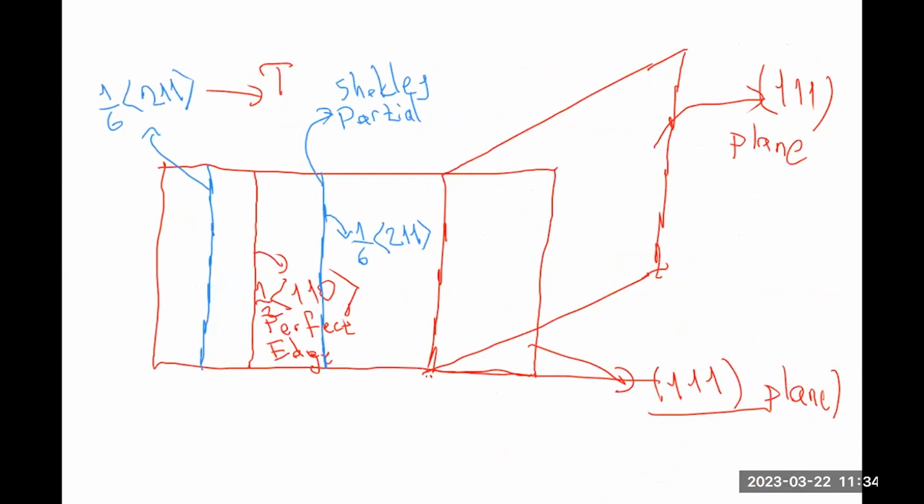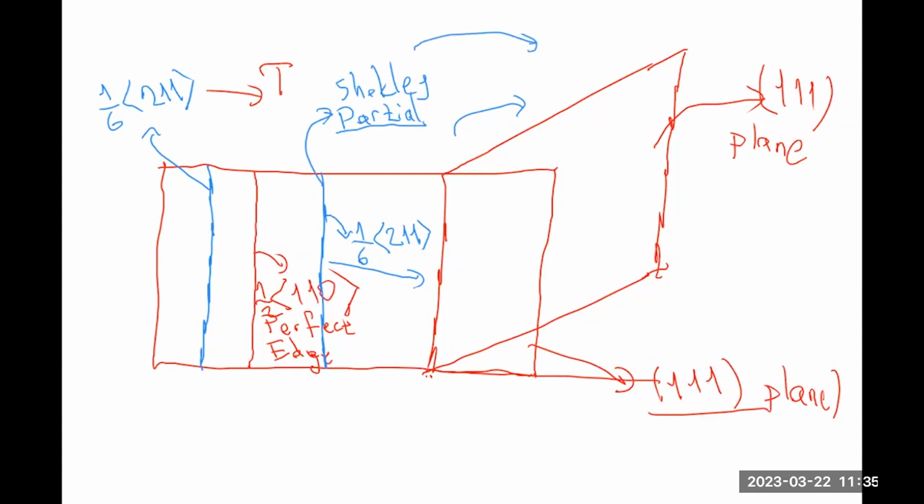It continues its motion and comes to here. What can happen is that it may move to the other plane. But a Shockley partial cannot move into the other 111 plane. Only the perfect dislocation can move to the other plane.